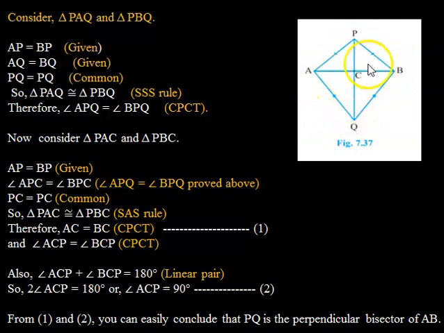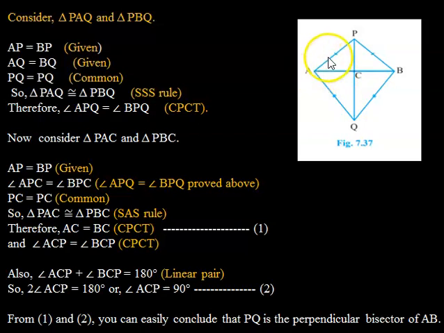And in both these triangles, PQ is the common side. So the three sides of this triangle are equal to the three sides of this triangle. What is the axiom? Side, side, side rule. We can say that triangle PAQ is congruent to PBQ. If two triangles are congruent, the corresponding parts of the congruent triangles are equal.